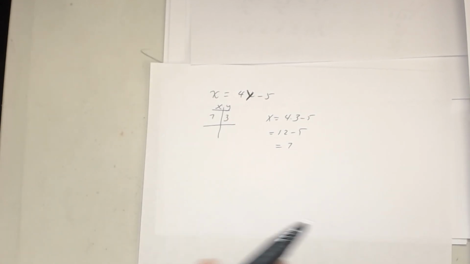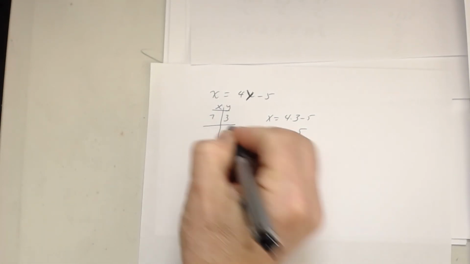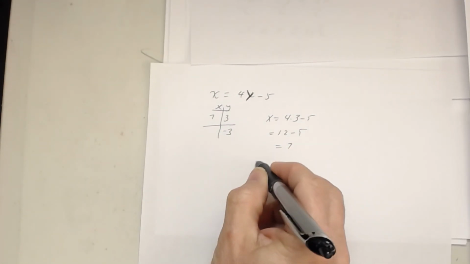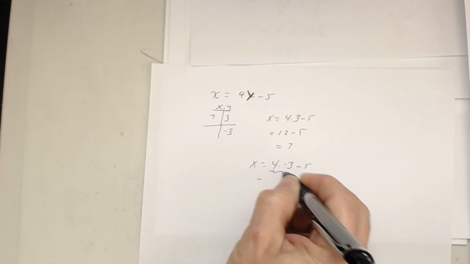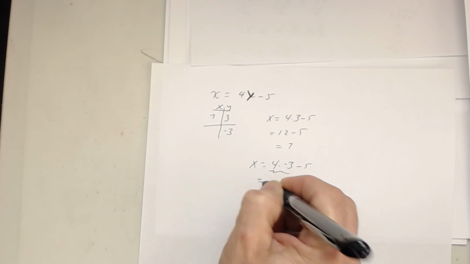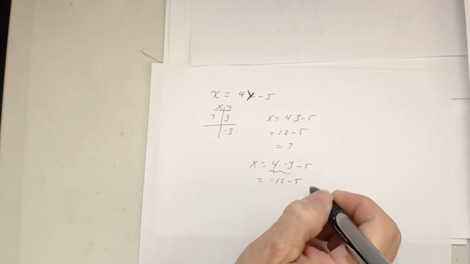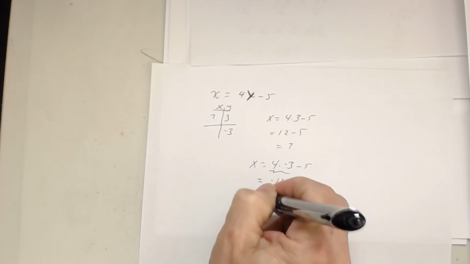I wouldn't choose -3, because watch. x equals 4 times -3 minus 5. 4 times -3 is -12, and -12 minus 5 is -17, which is beyond this plane. So don't use that one.